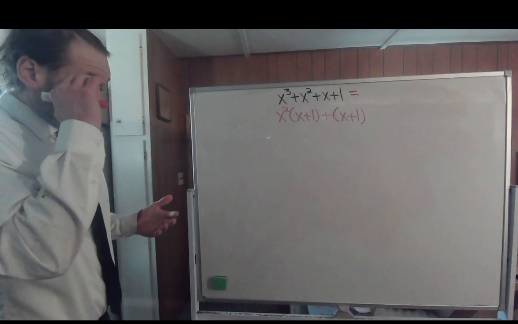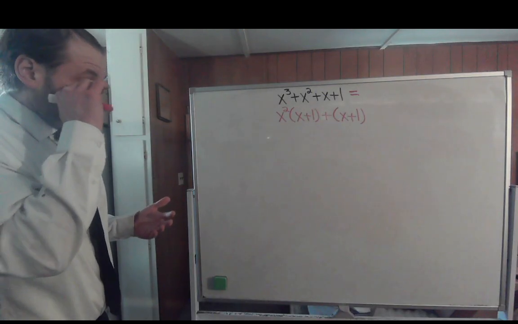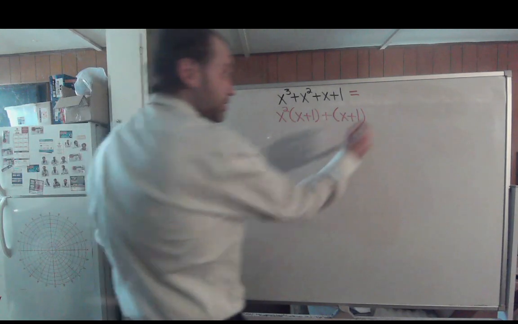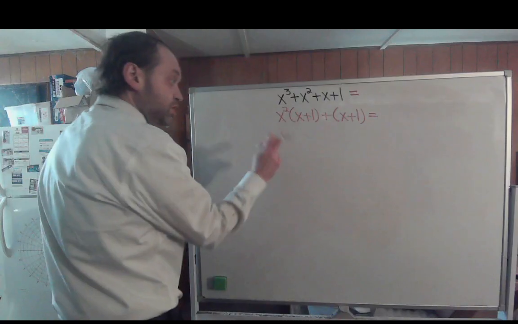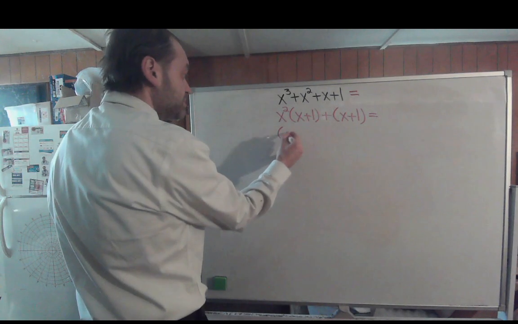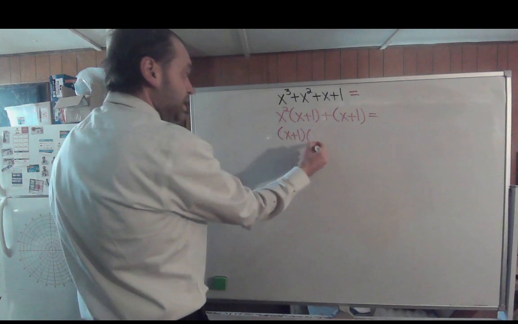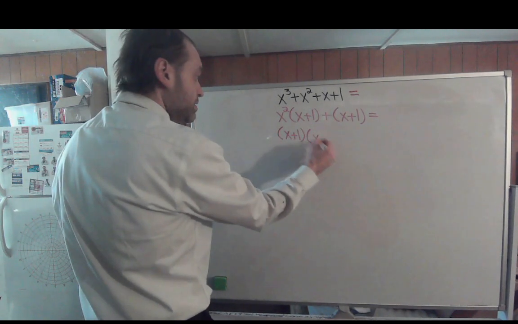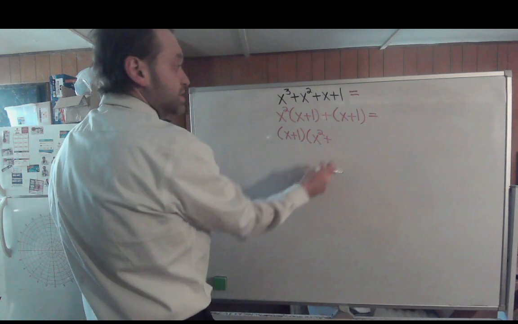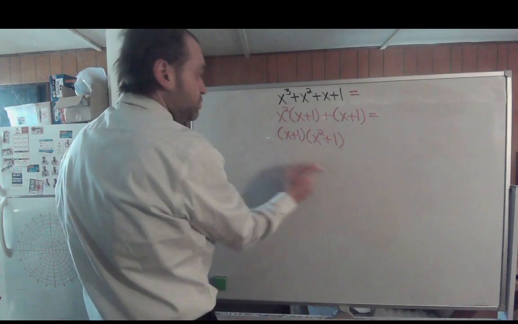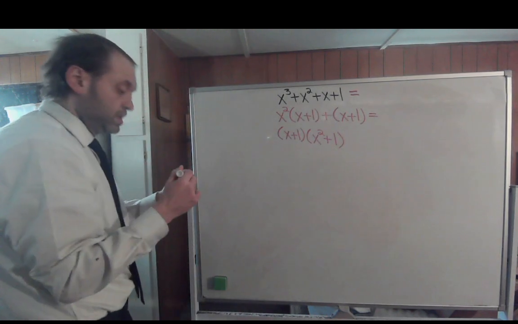Now, we notice both of these terms have a common x plus 1, right? So we can factor this into x plus 1, that quantity, times x squared plus, this would just be 1 that's left, because x plus 1 times 1 would give you x plus 1.